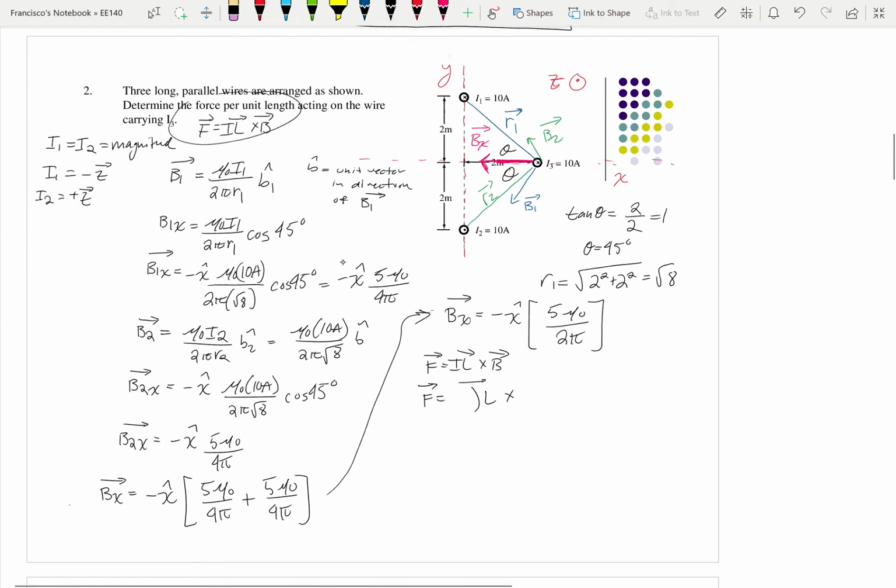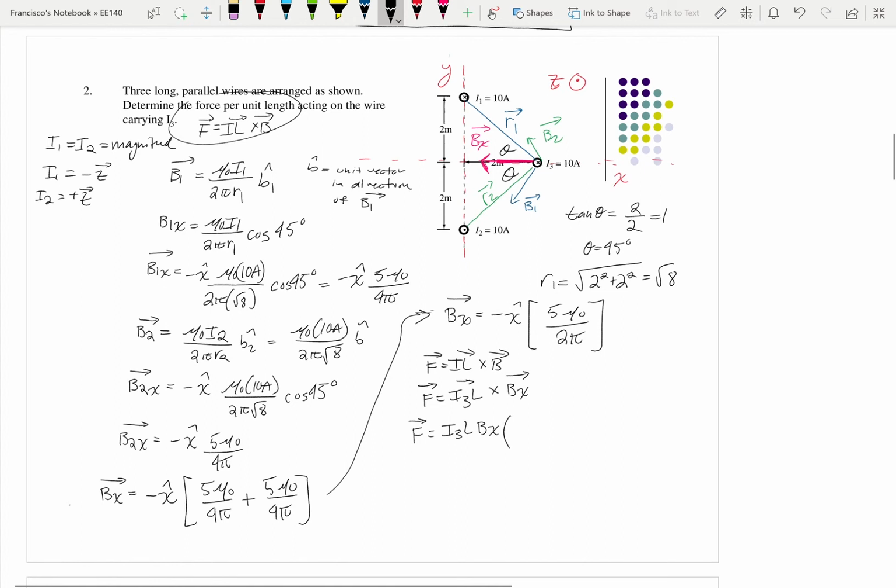Yeah, to make the math look easier, it is I3 L cross Bx. Okay, therefore, this is going to equal I3 L times Bx and then cross the direction.